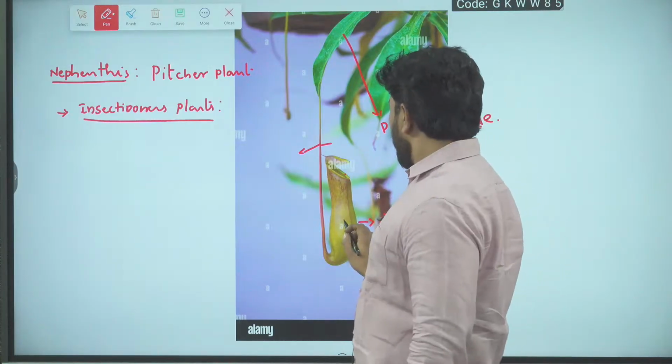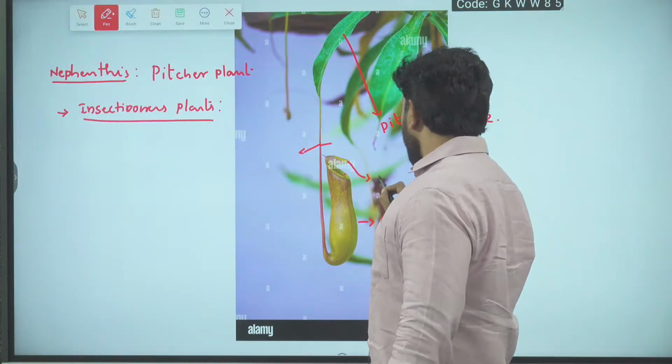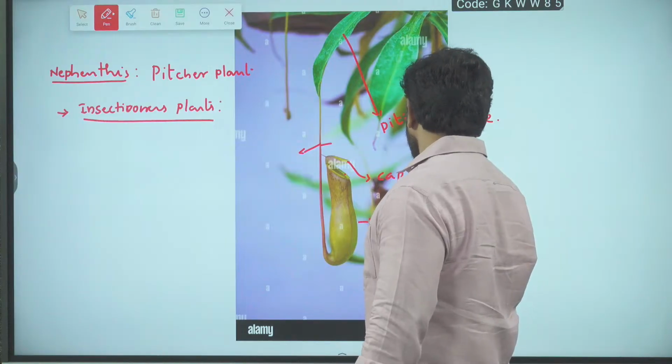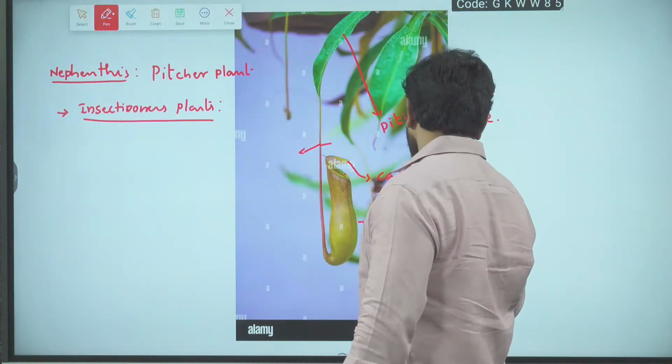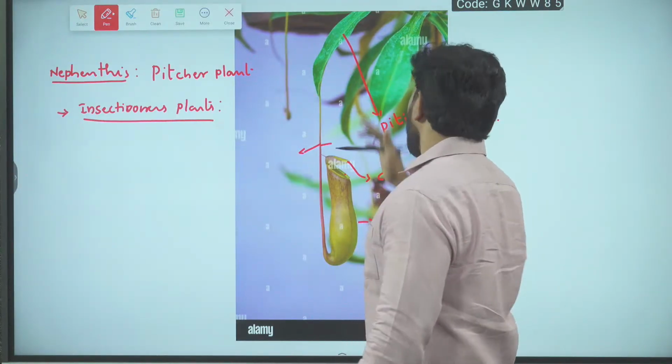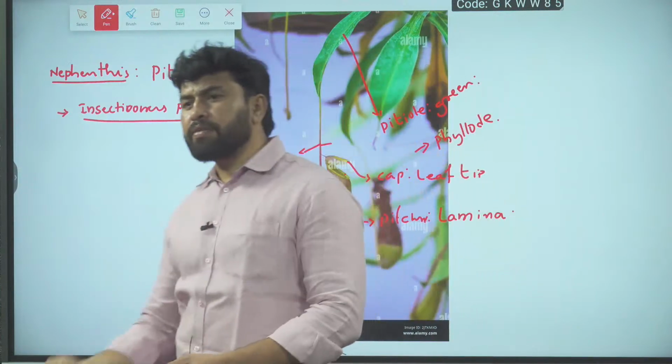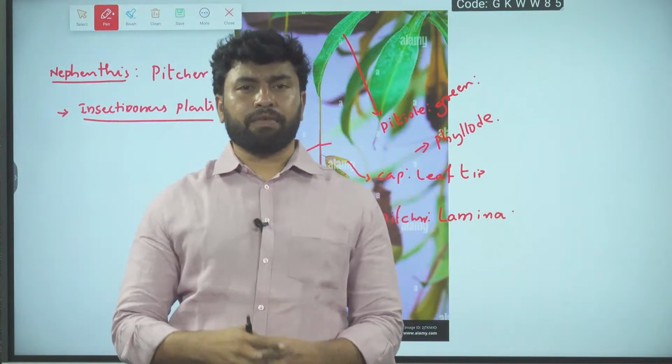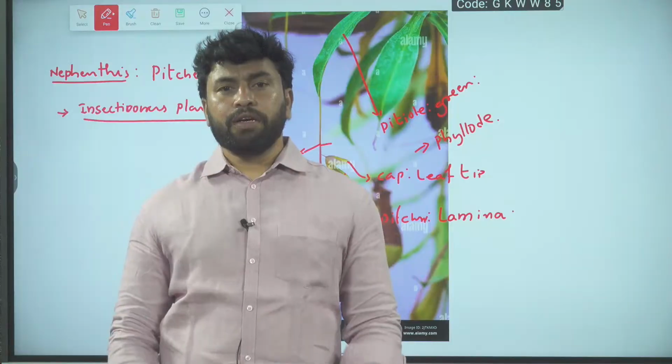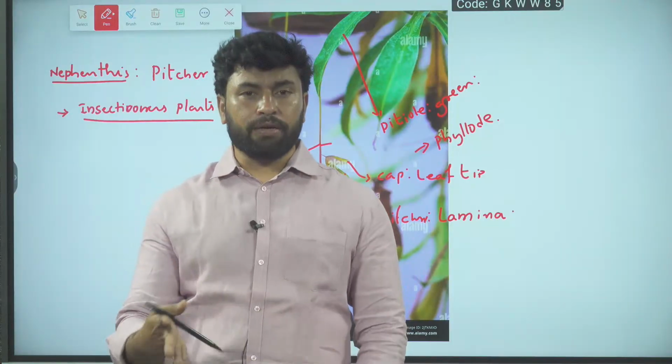See, the leaf tip is converted in the form of a cap, like this. Various parts of the pitcher plant leaf have been modified into different structures in order to survive.